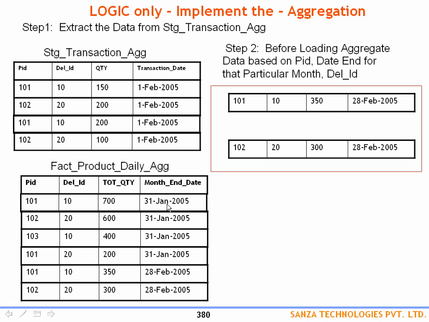So till 1st February when I loaded, it was 1050. So 10120 will be 300 plus 600, 900. Then other things will be the same. These two records will not be there. All will be year to end date. Cumulative, you have to load it.